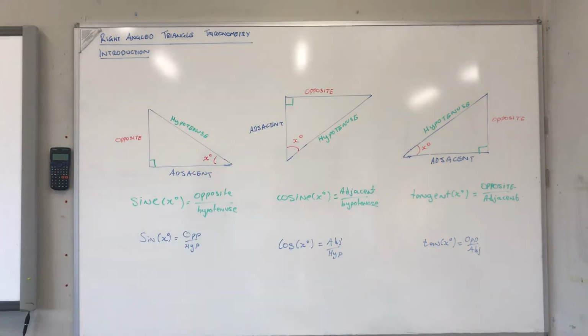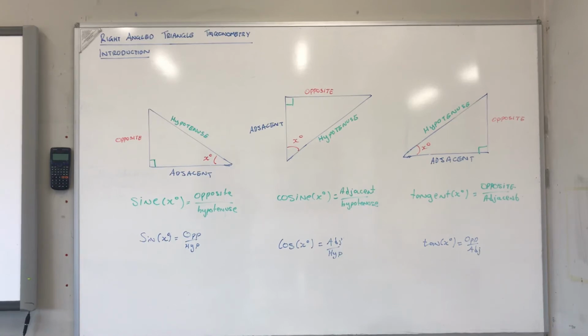So we shorten sine x to just be sin, cosine to just be cos, and tangent to just be tan, so that we can just express it better and more efficiently. And so we've got sin x equals the opposite over the hypotenuse, cos x equals the adjacent over the hypotenuse, and tan x equals the opposite over the adjacent.